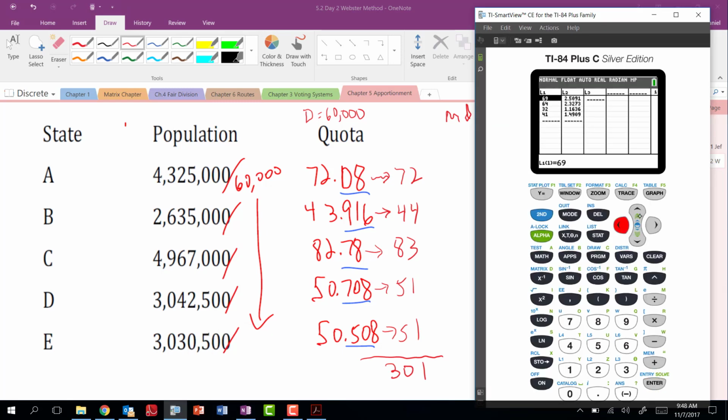Oh, no. I have to go into the calculator and type these in again. 4, 3, 2, 5, 0, 0, 0. Enter. This is thrilling. 4, 9, 6, 7, 0, 0, 0. 3, 0, 4, 2, 5, 0, 0.